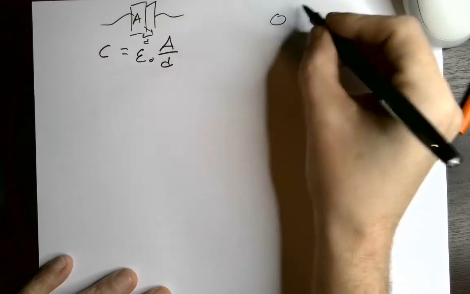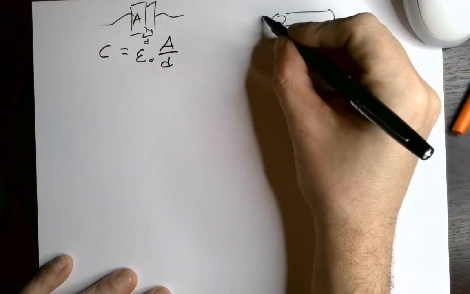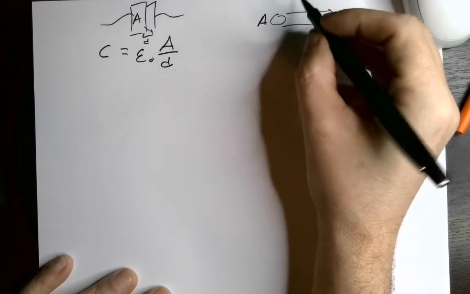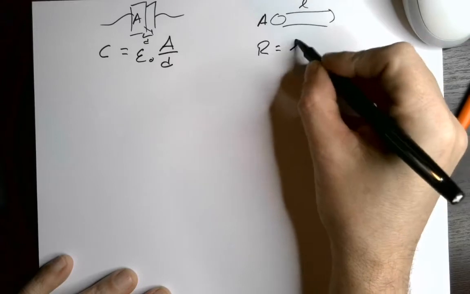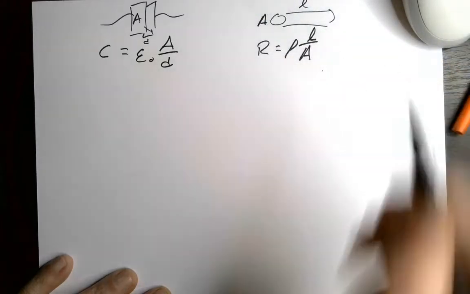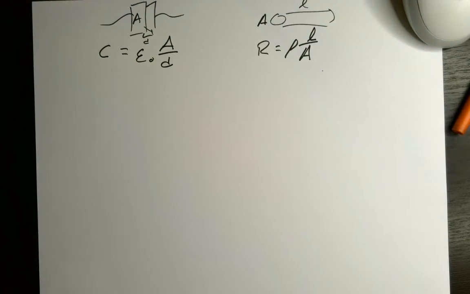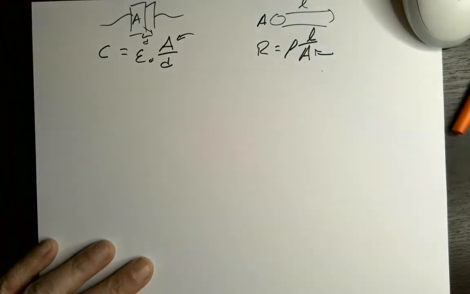Compare that to the resistance of a piece of wire of cross-sectional area A, length L. The resistance of that wire is the resistivity of the material times the length of the wire divided by the area. And if we look at the role of the area in these two expressions, the resistance is inversely proportional to the area. The capacitance is proportional to the area.